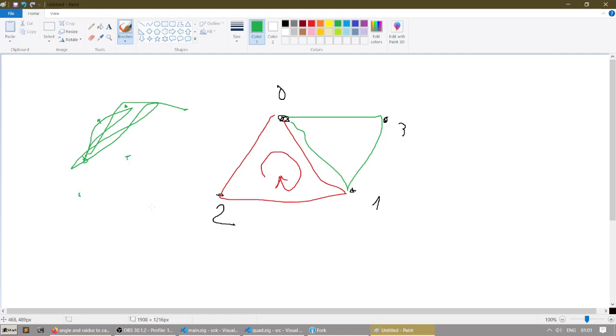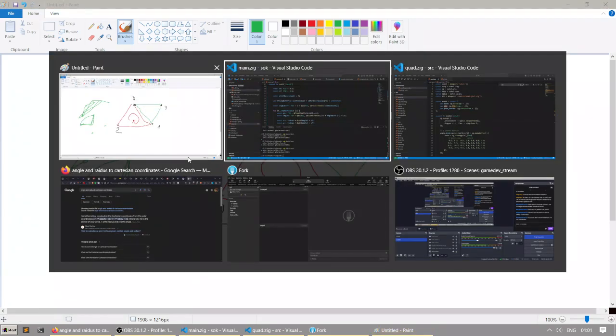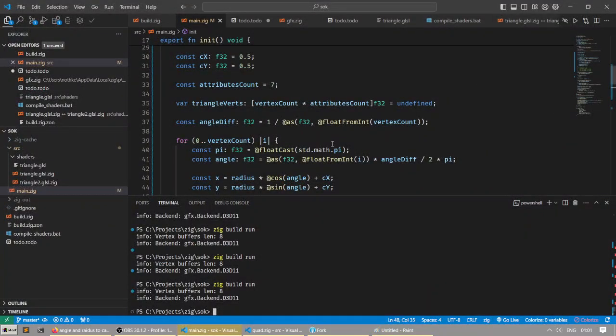That's 0, 1, 2, 3. That's 4 vertices. Yeah, no, that's still, the angle is still 90 degrees, which is a quarter of a circle, which is half of a pi. So it still makes sense. Yeah.